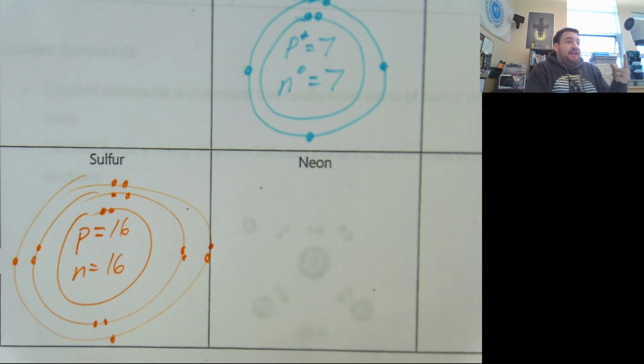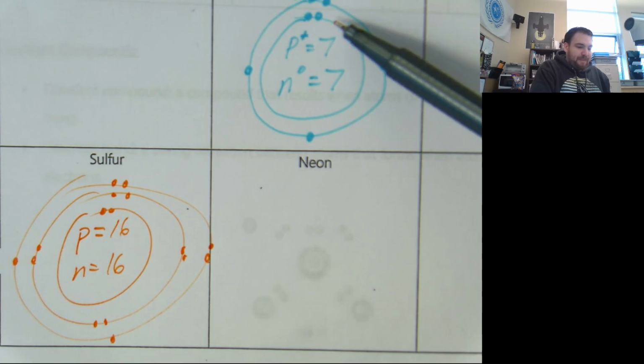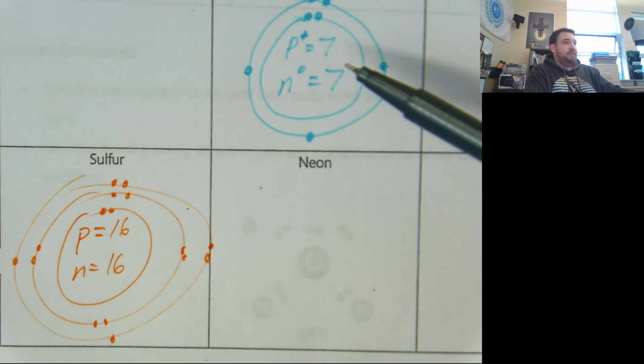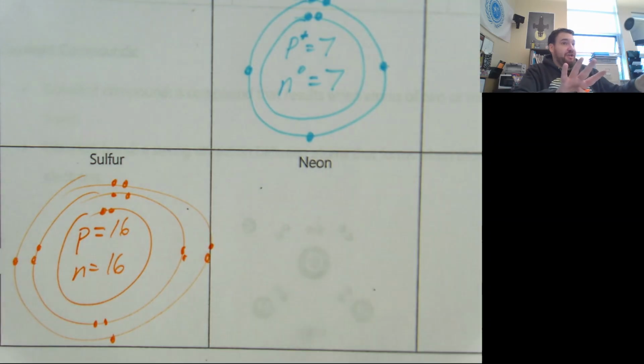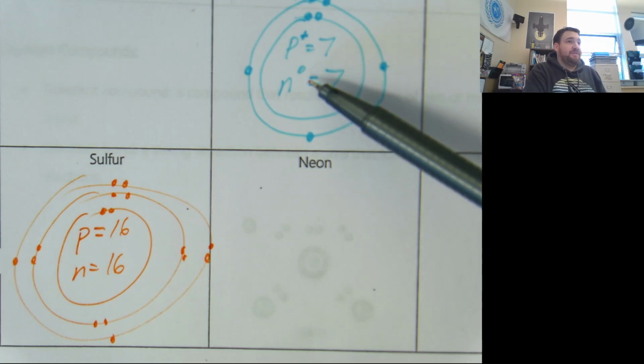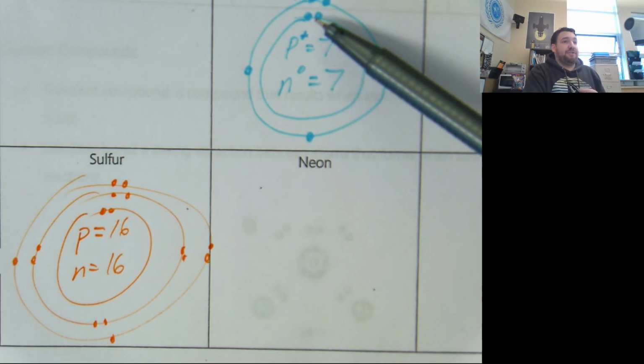So to answer your question, it's sometimes yes, sometimes no. If you remember back to physics in your grade 9 unit, you talk about electricity. Opposite charges attract each other, like charges repel each other. So in every single one of these atoms, you have an attraction between the positive nucleus and the negative electrons.